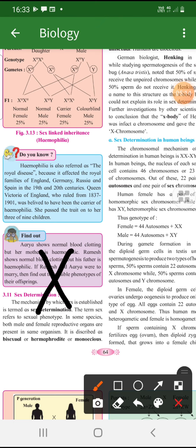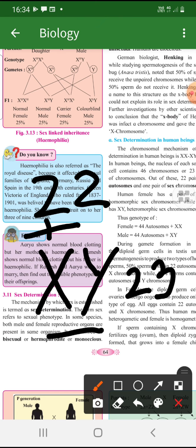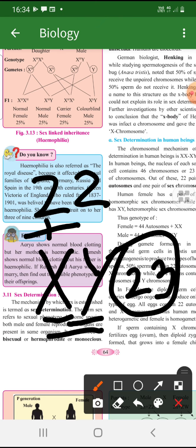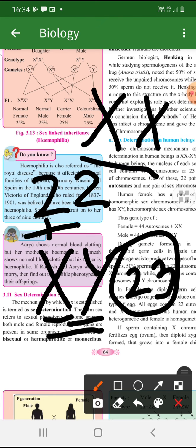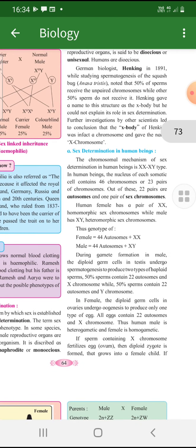You're going to write a male like this. But you know, these are other than those 22 pairs. Along with the 22 pairs, the 23rd pair was this XY or XX. If it is XX, then that's a female. So remember, you have to write it like this.